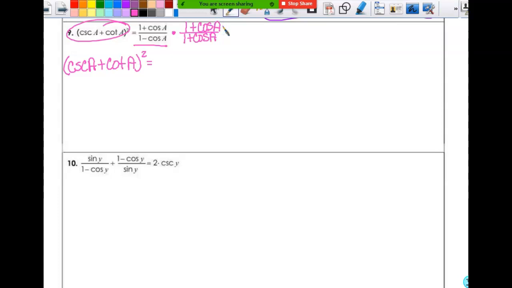Then the numerator is going to give me 1 plus cosine A quantity squared, because there's 2 of them. The denominator, when I multiply them, what's that situation called? Come on, guys.